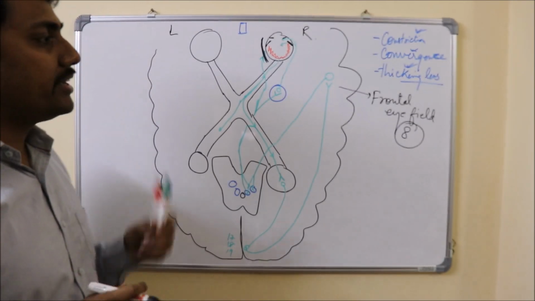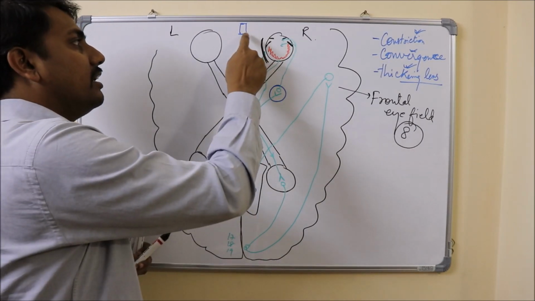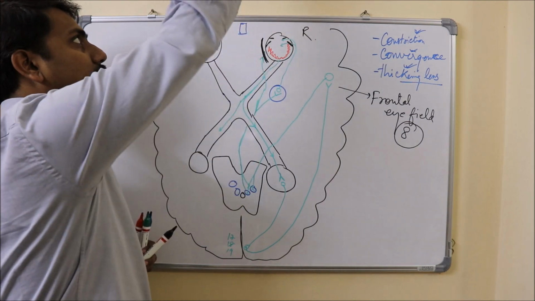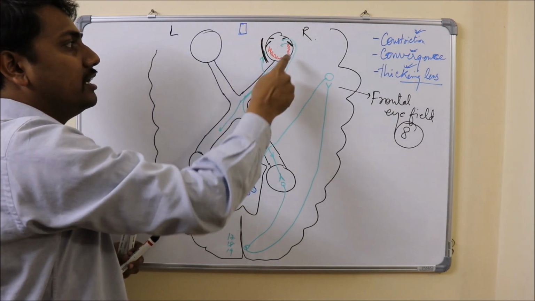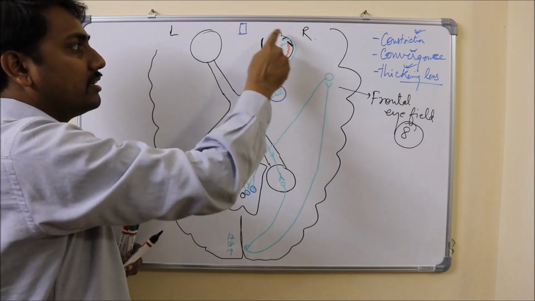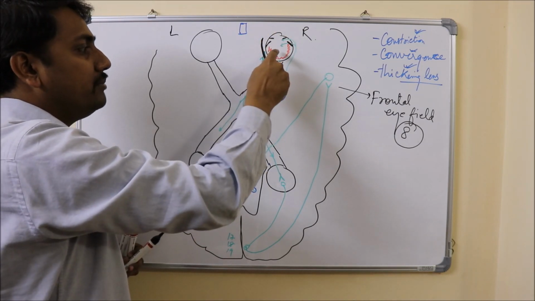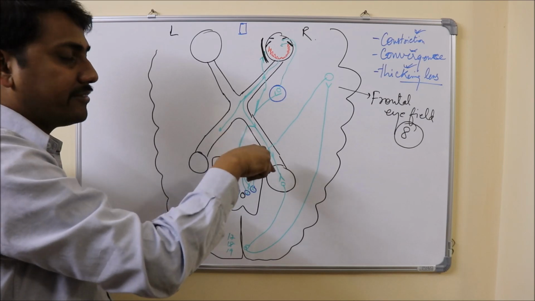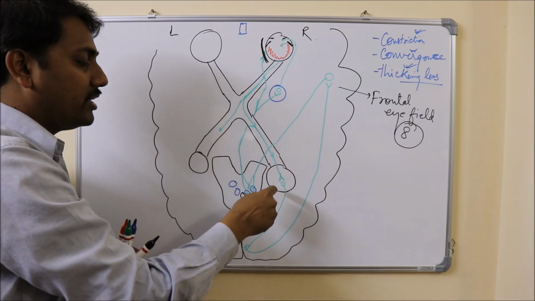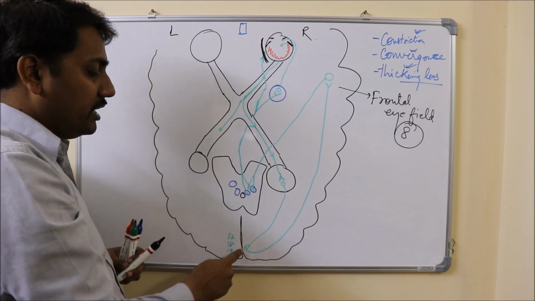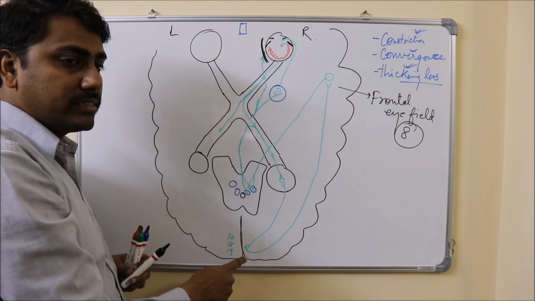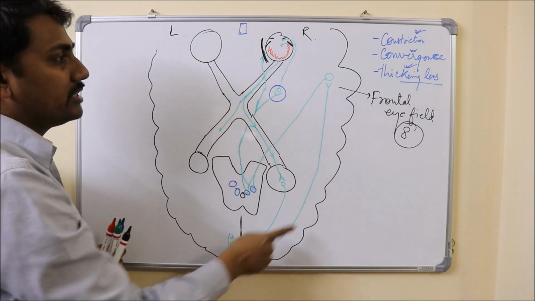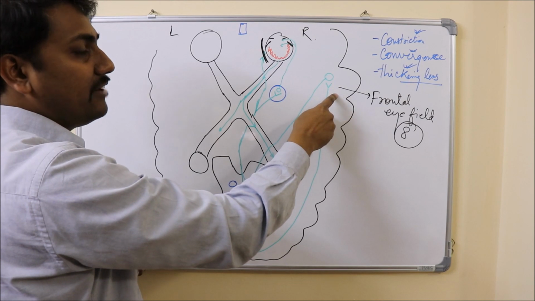So here we can see that whenever an object was brought from distance to the near, a stimulus was carried from the retina to the optic nerve, through the optic chiasma, to the two optic tracts into the lateral geniculate body, and through the lateral geniculate body information was given to the visual cortex. Then through the visual cortex information was carried to the frontal eye field.